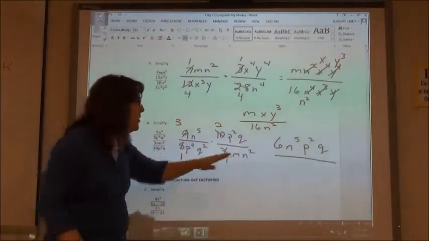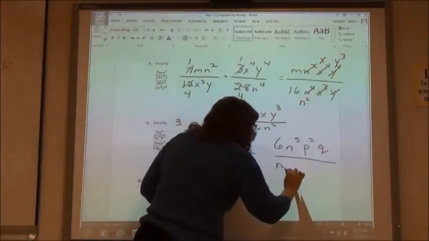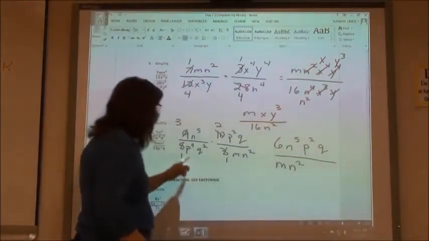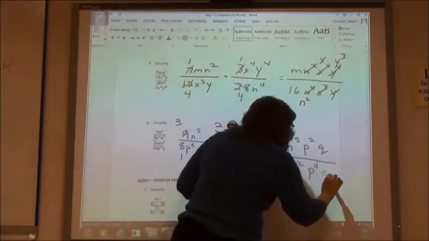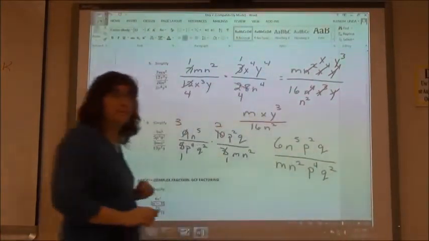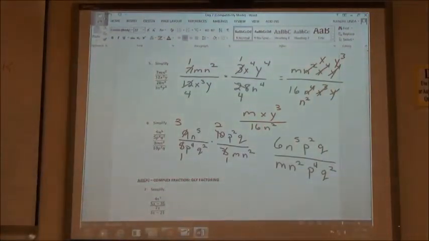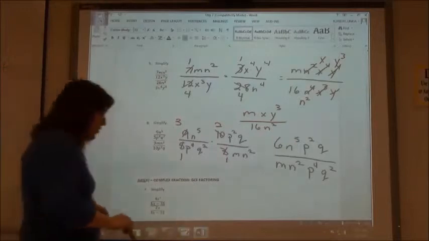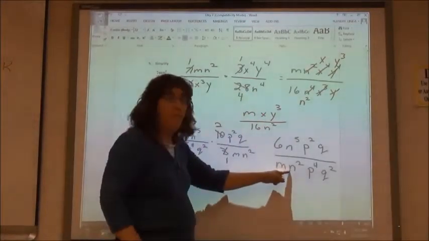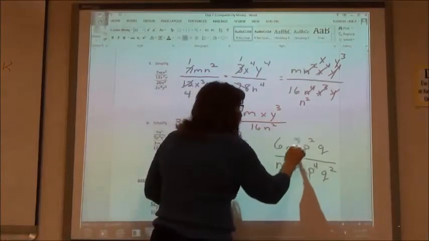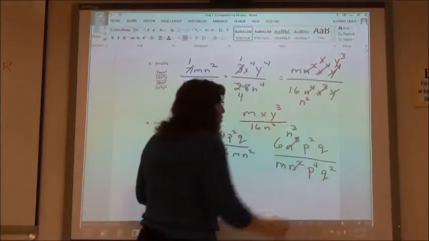Putting them in order, I'm going to do the mn squared first, and then the p to the 4th q squared. Then doing my reducing. I can take out 2 of my n's, which means I have an n to the 3rd.